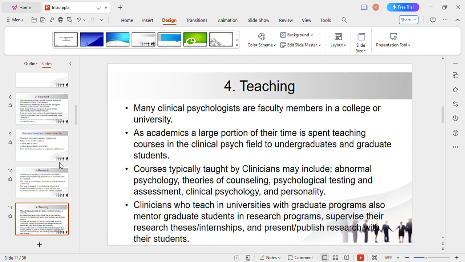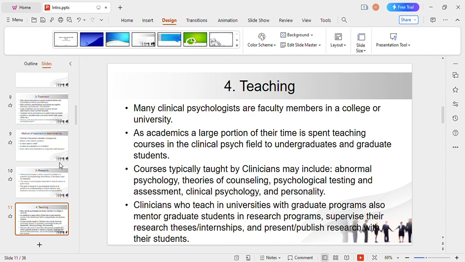Furthermore, they teach graduate and undergraduate students abnormal psychology, clinical psychology, theories of counseling, psychological testing, assessment, and personality theories. These are all subjects they prefer to teach to their graduate and postgraduate students.